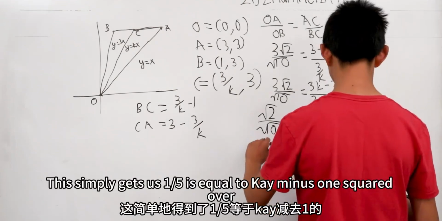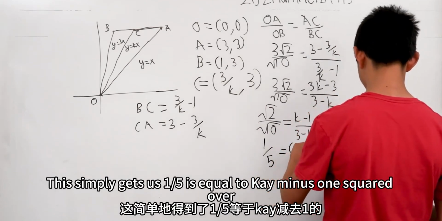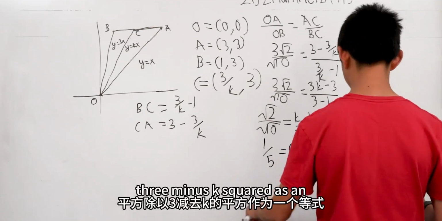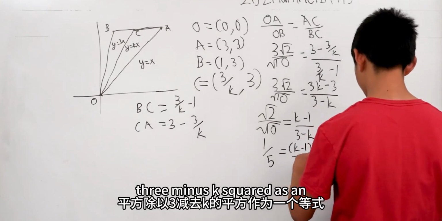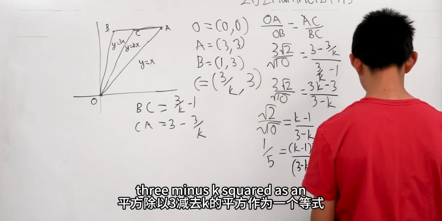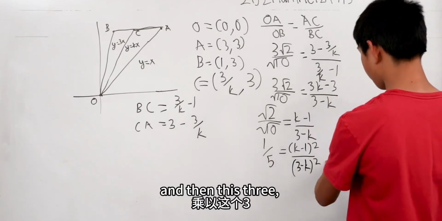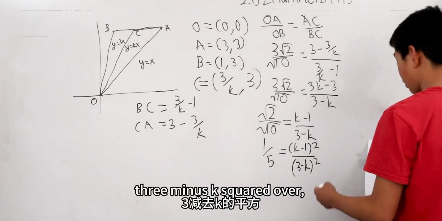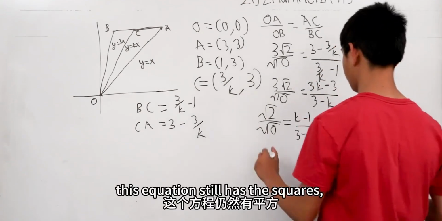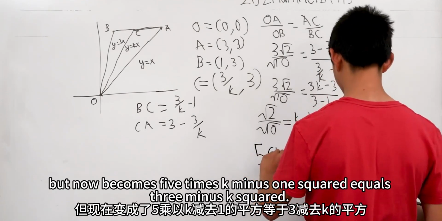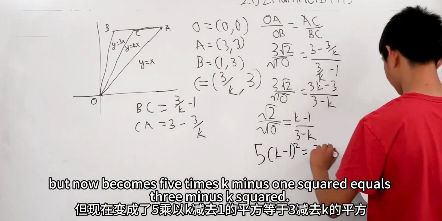So this simply gets us 1/5 is equal to (k minus 1) squared over (3 minus k) squared as an equation. If we multiply the 5 over, and the (3 minus k) squared over, this equation still has the squares, but now becomes 5 times (k minus 1) squared equals (3 minus k) squared.